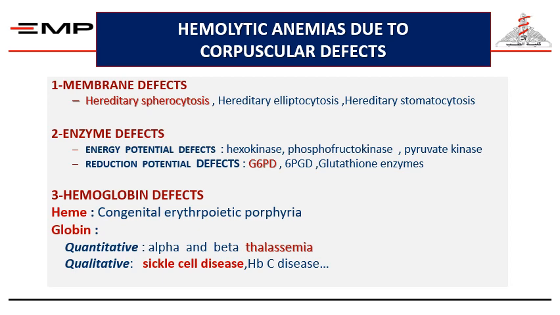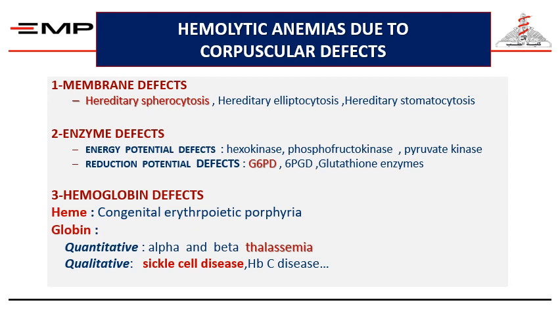And concerning the etiological classification of hemolytic anemias, it may result from defects in the red cells. In the red cell membrane, the most common example is hereditary spherocytosis, which we are going to discuss later on. Defects in the enzymes in the red cells, whether they are energy potential defects, the most common being pyruvate kinase, or reduction potential defects, the protective enzymes that protect from oxidizing agents, the most common and important being G6PD deficiency.